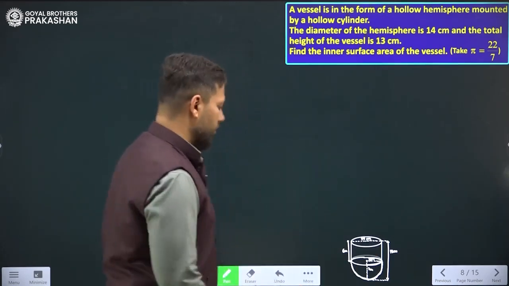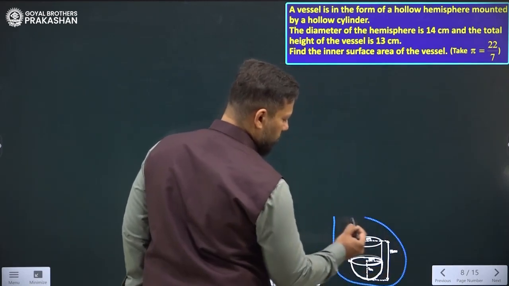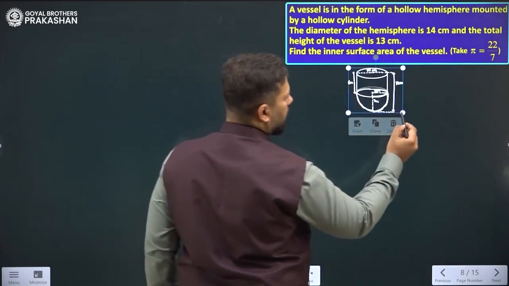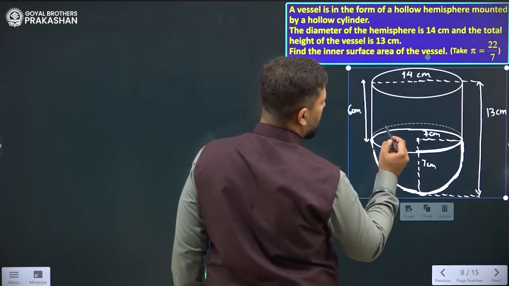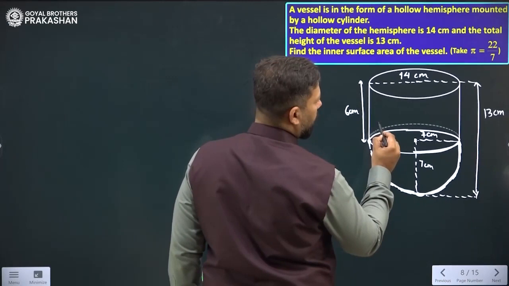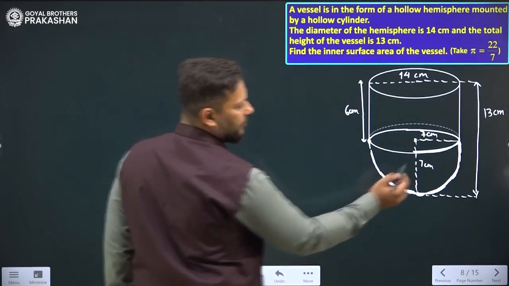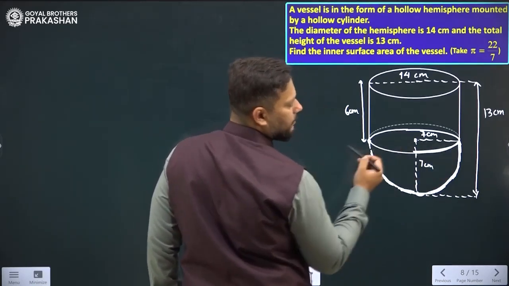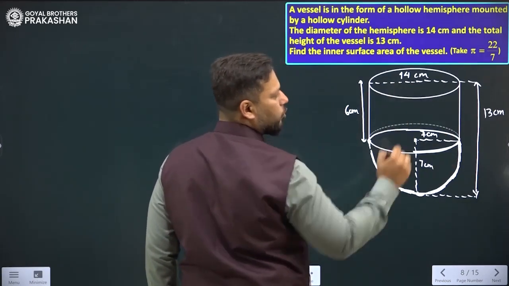Let us try to draw that figure. If we talk about this vessel, which is a combination of a hemisphere and a cylinder, you may see over here, I have already drawn the figure. If we look at it, what is given? This is a hemisphere of 14 centimeter diameter and there is a cylinder mounted over it.